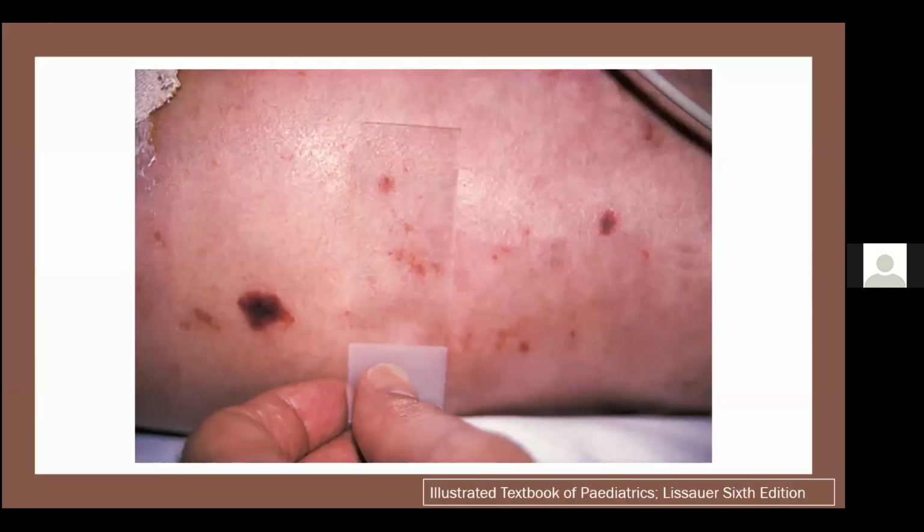This is important: whenever you see a macule or a papule, you need to ask yourself whether it blanches or not, because this could be a sign of meningococcal infection. This is an illustration of the glass test. If a child is febrile and has a rash that does not blanch when pressed under glass, then you need to assume that they've got meningococcal septicemia until proven otherwise.